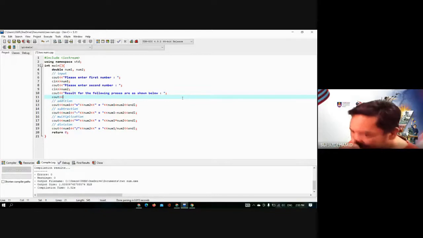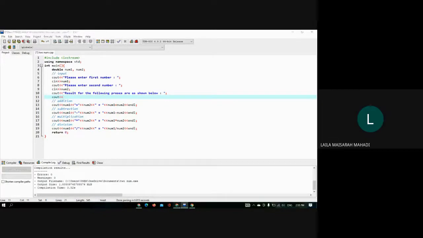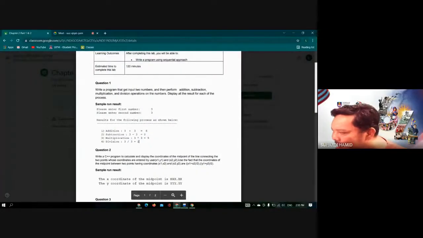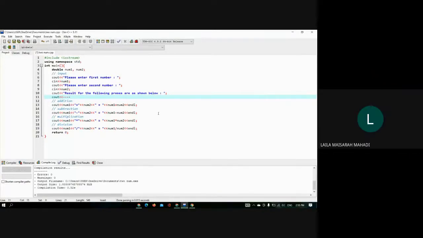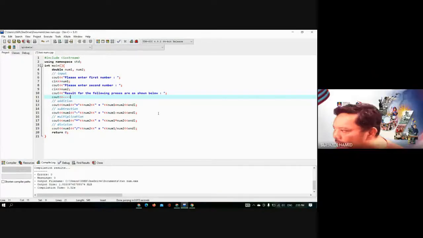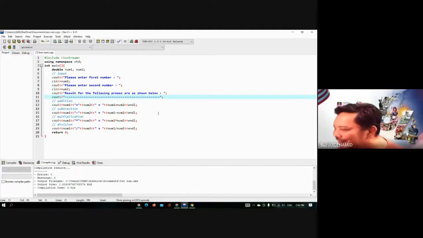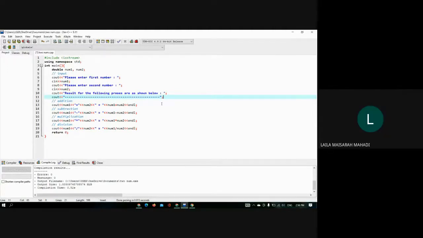Can you see the question? Now you have to put the double quote, the quotation mark. How long? Until below. There you go. Okay. Right.